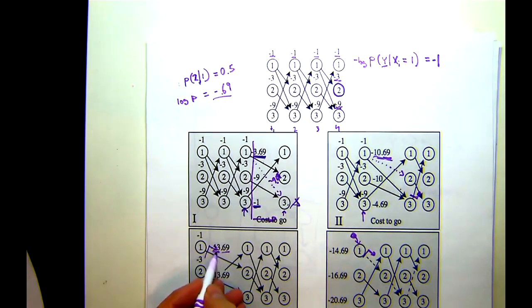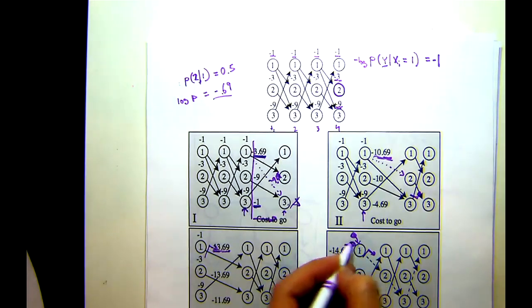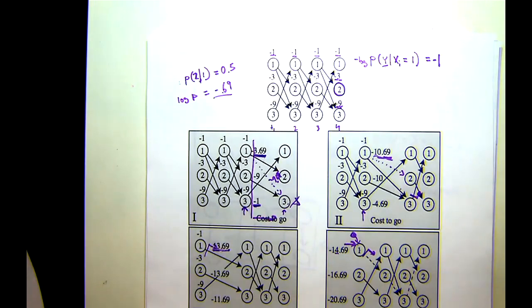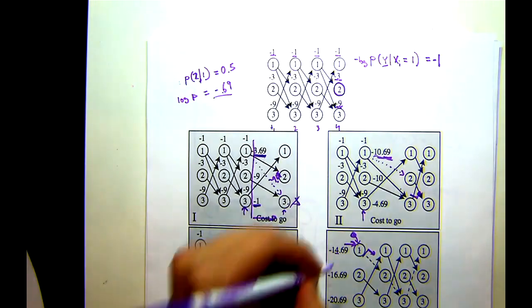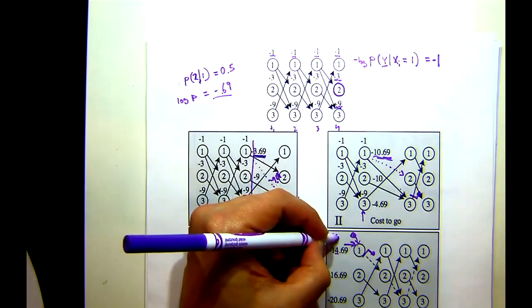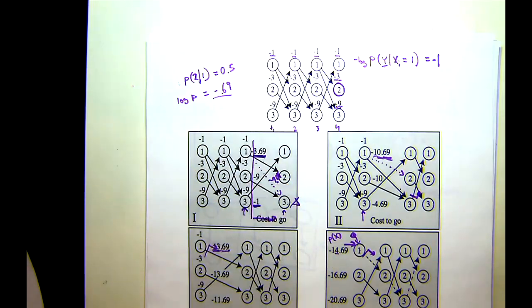So you go from 13.69 to leave, you subtract 1 and you get 14.69. Left out of this is actually the cost of entering that node in the first place, which is that probability of just x by itself. I'm not sure why he left that out of these diagrams. It's a little odd that that's not in there. Normally, you'd have a cost to enter into that node in the first place.